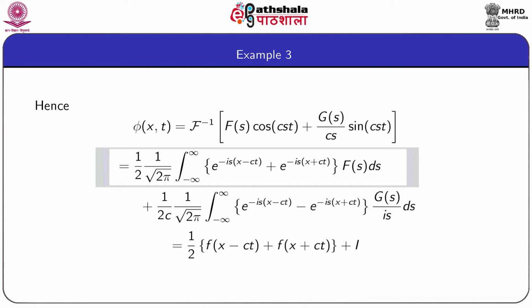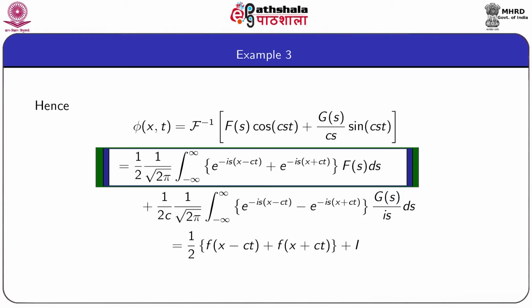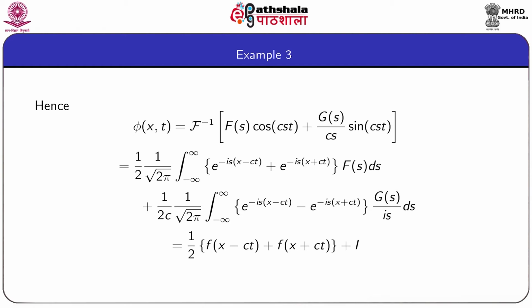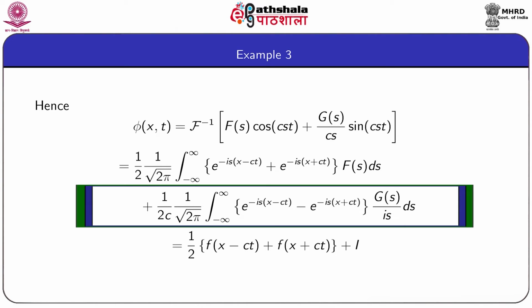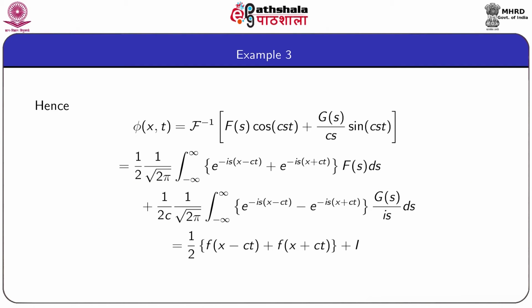That is given by half of 1 by root over 2 pi integral from minus infinity to plus infinity e to the power minus is(x minus ct) plus e to the power minus is(x plus ct) into F(s) ds plus 1 by 2c into 1 by root over 2 pi integral minus infinity to plus infinity e to the power minus is(x minus ct) minus e to the power minus is(x plus ct) into capital G(s) by is into ds.